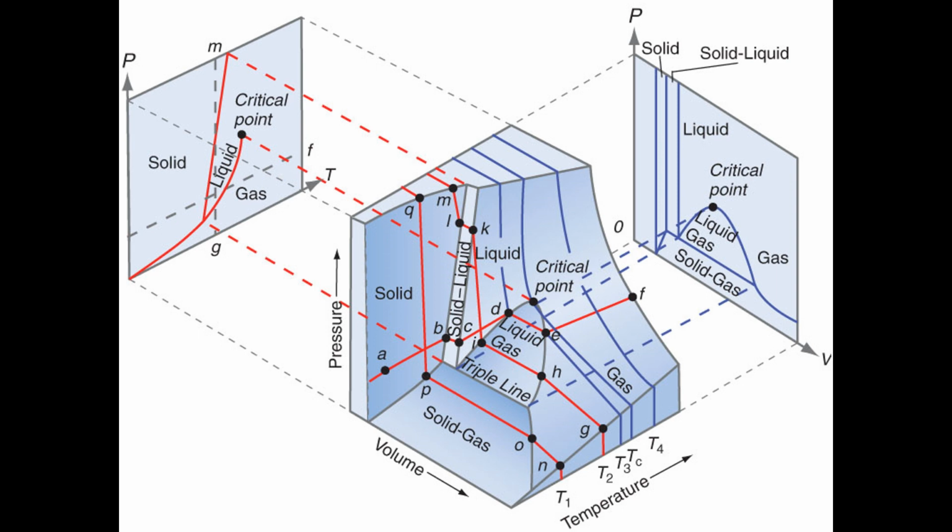Again, I should be able to drop you in here anywhere, and you tell me where you are. Am I a gas? Am I a liquid? Am I in equilibrium, gas, liquid? These little red lines through here, you should be able to tell me every path. You start at G, you're gas. I start cooling you down. At H, you start to condense.